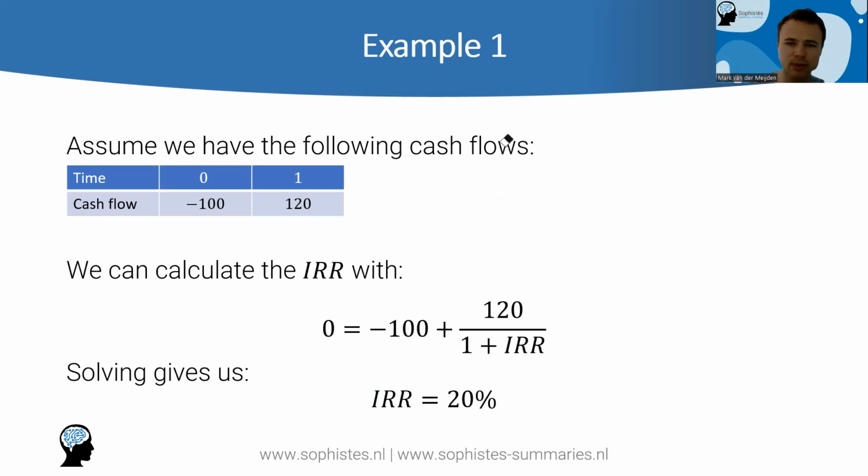Okay, so this is the case when you have only one cash flow into the future. So let's do another example. 0, 1, 2, 3. So you now invest 100 euro, and then let's say 4 years from now, you will earn 200 euro.